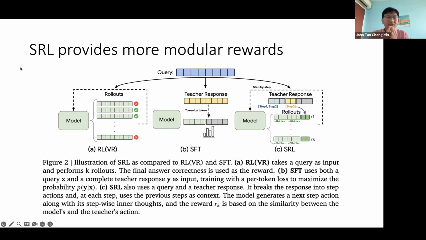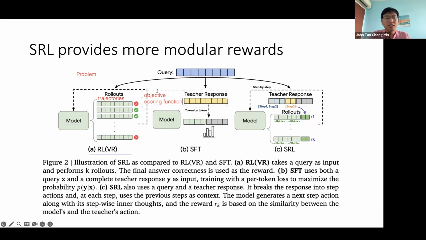So let's strip everything down to the basic fundamentals. How does RLVR work? Very simple. You have a model and a problem, a task, and then you roll out trajectories and you have an objective scoring function.